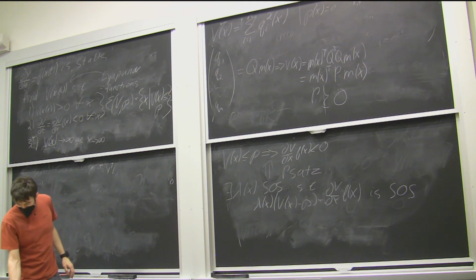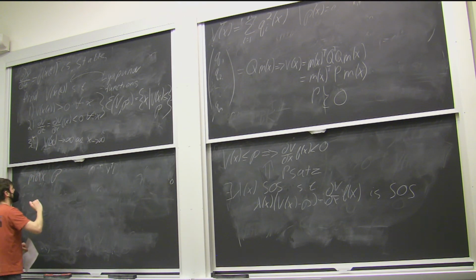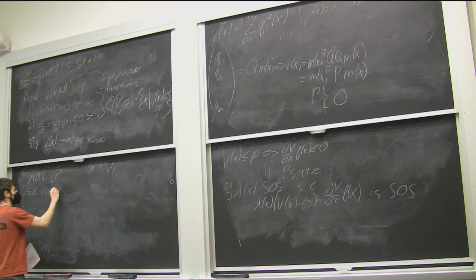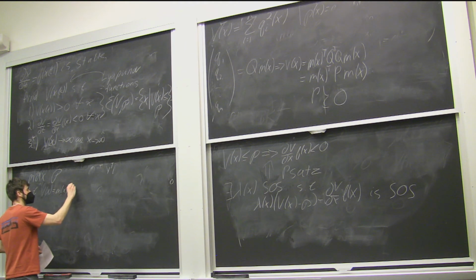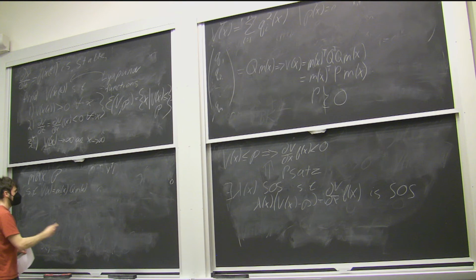Okay, so now, I want to find the biggest set which I can certify converges. So now I actually have an optimization problem. Maximize rho, subject to, right? So I need that v of x is equal to m of x transpose Q m of x, right?